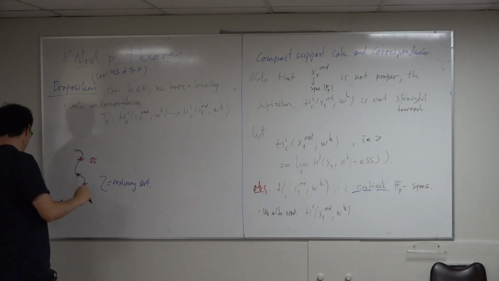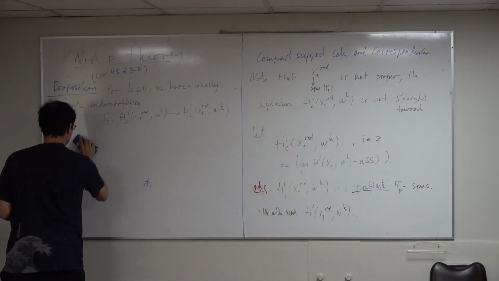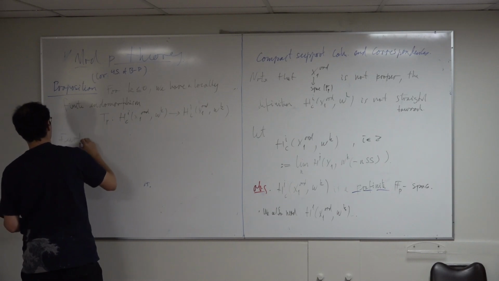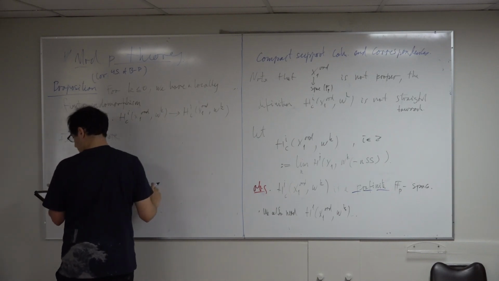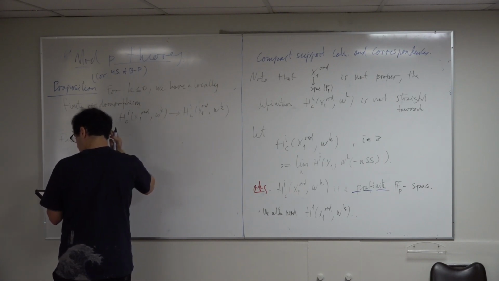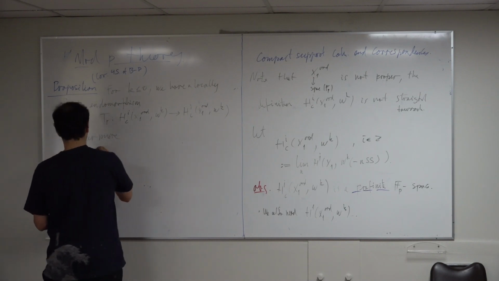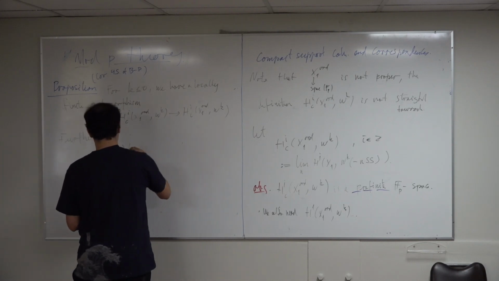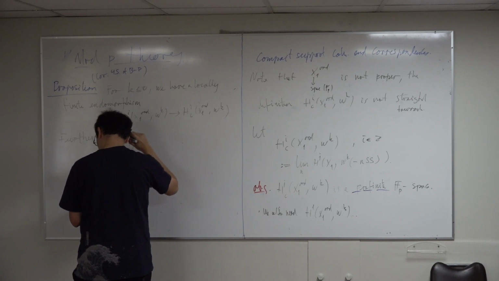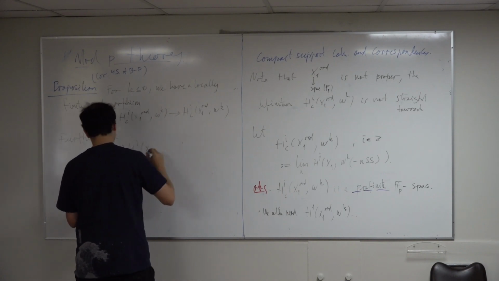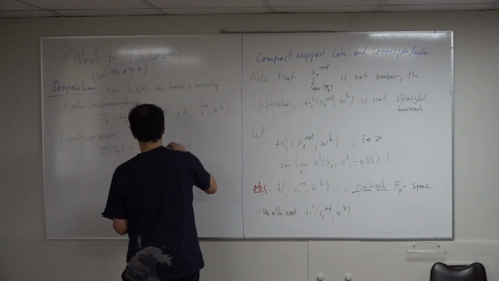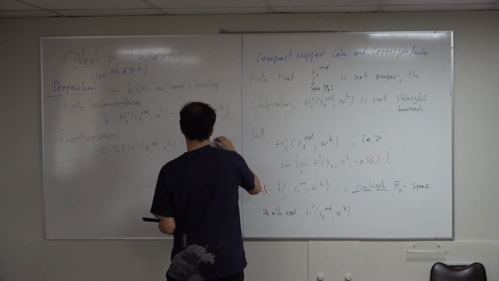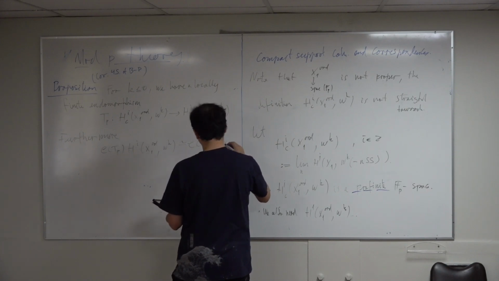Let me just write the result and then we comment on some things. Furthermore, the e T_p H^i of X_1^ord, W_k is isomorphic to e of X_1.